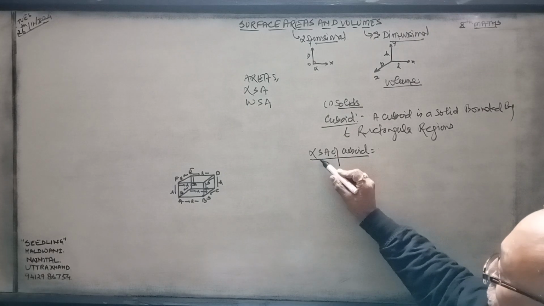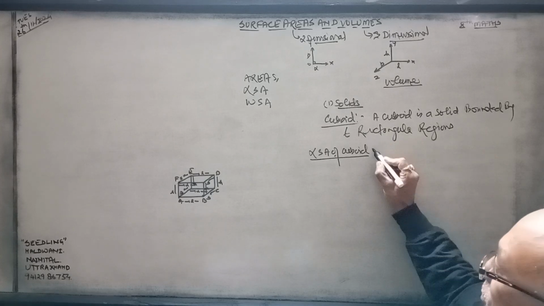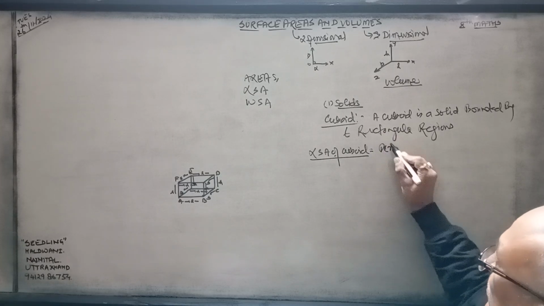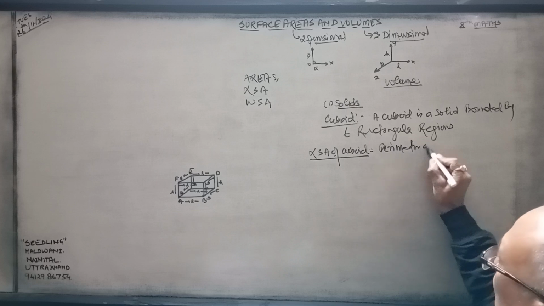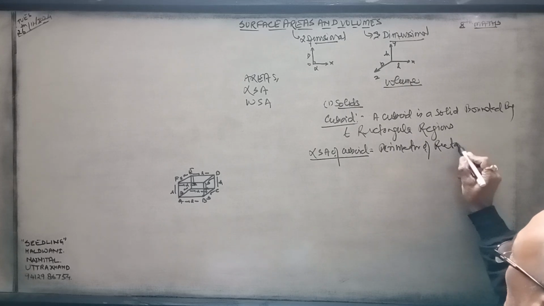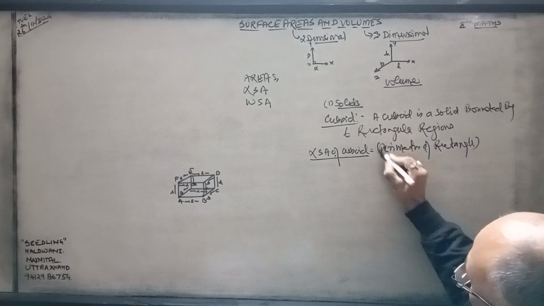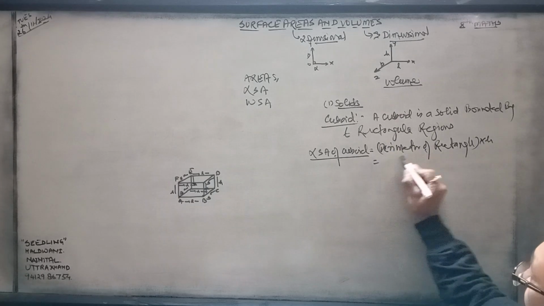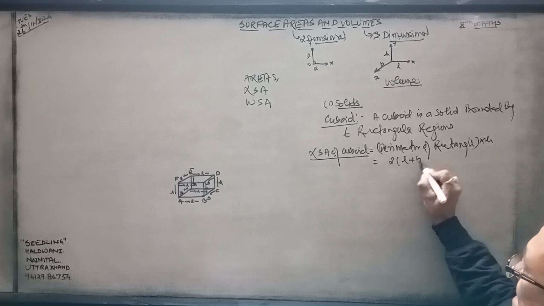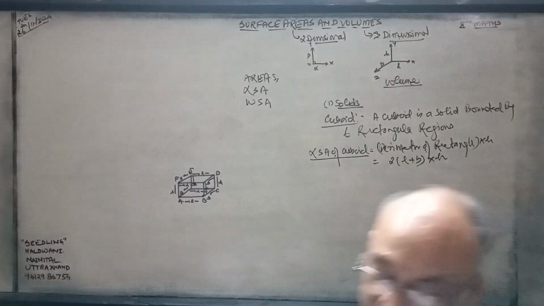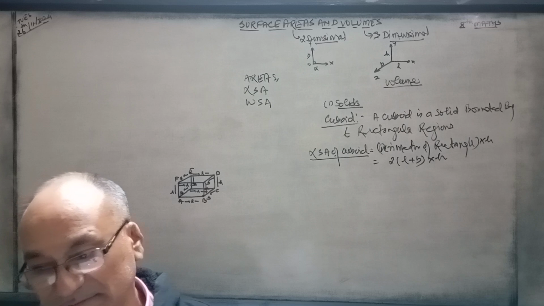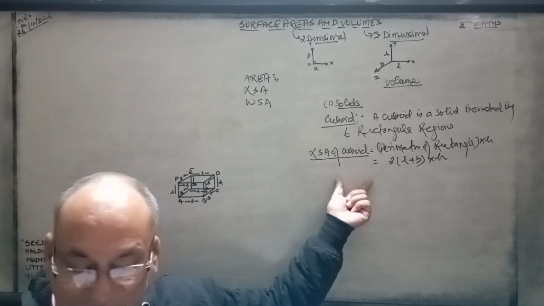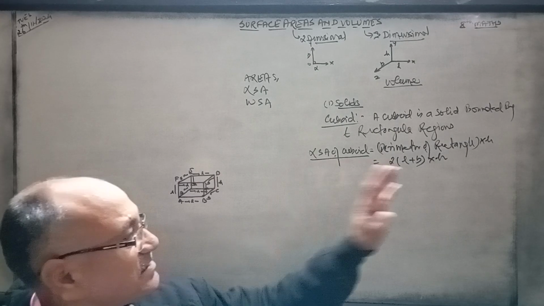See, the lateral surface area of a cuboid means the perimeter of the rectangle into the height. The perimeter of the rectangle is 2 into (L plus B), so it is 2(L+B) into H. This is the lateral surface area or the curved surface area, and you can also say simple surface area.